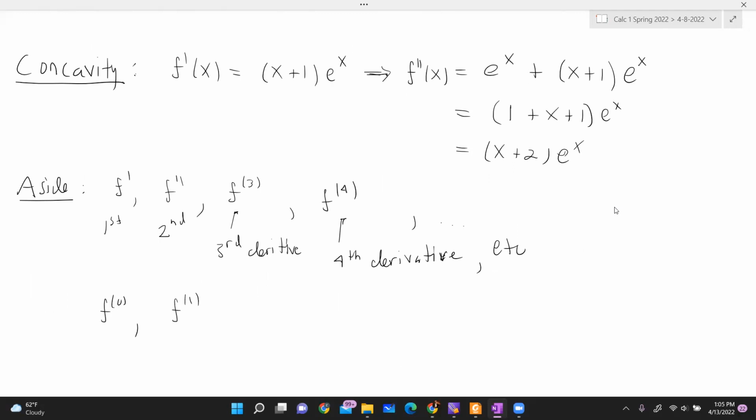You just get the original function. Then you have this alternative notation for the derivative. This is going to be helpful later on.